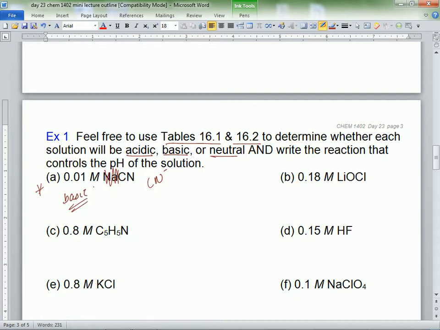The other part of the question is write the reaction that controls the pH. So it's going to be a basic solution. So Allison, should we write a Ka or a Kb reaction? Kb. And Crystal Munoz, what will that Kb reaction be?